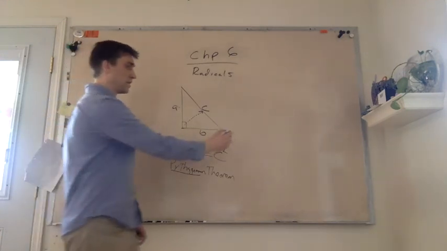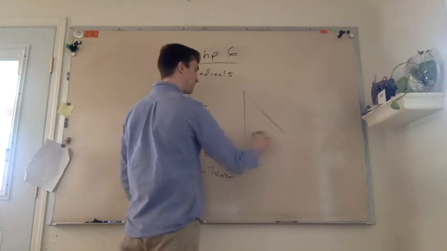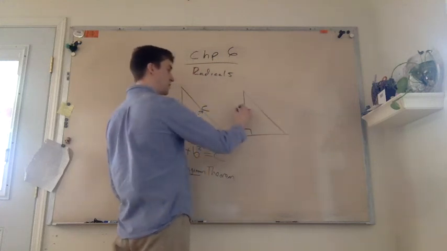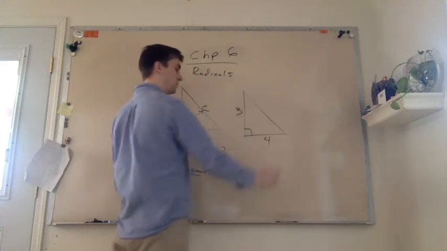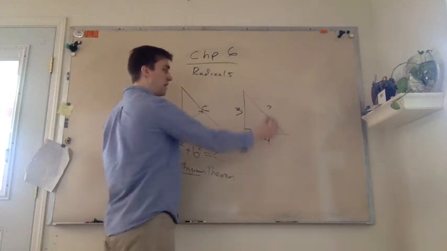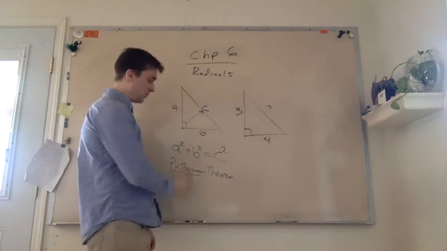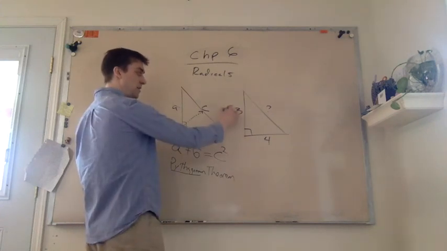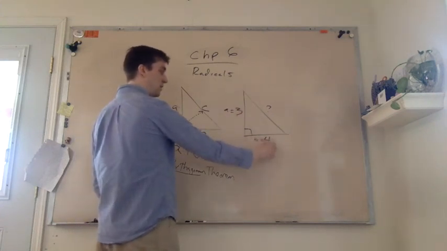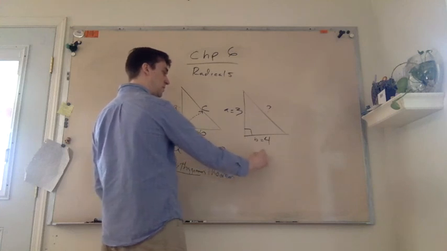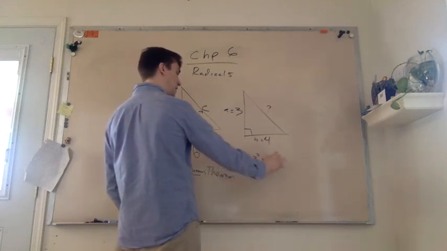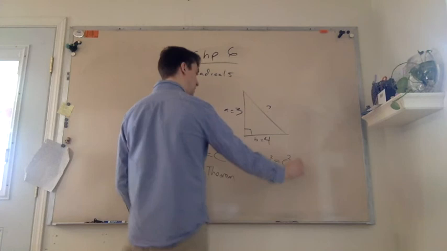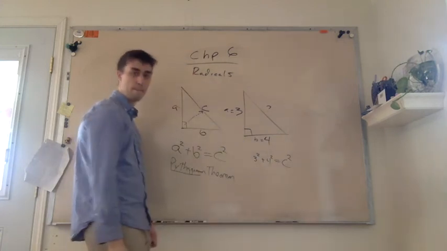For instance, if you had a triangle where this was 3 and this was 4, you can figure out what the hypotenuse is using the Pythagorean theorem. You say that A is 3, B is 4, and you go like this: 3 squared plus 4 squared should be the same as the longest side squared, which we don't know.